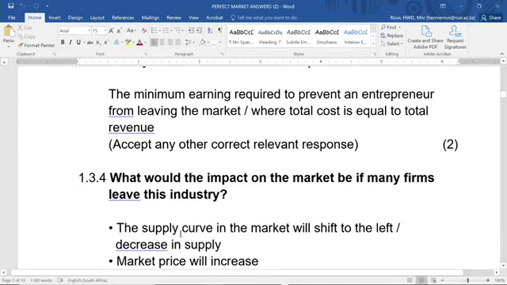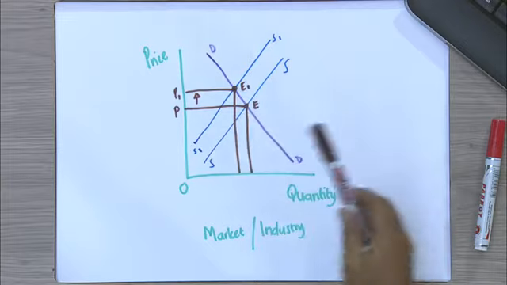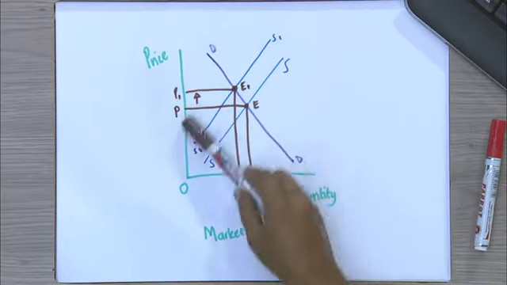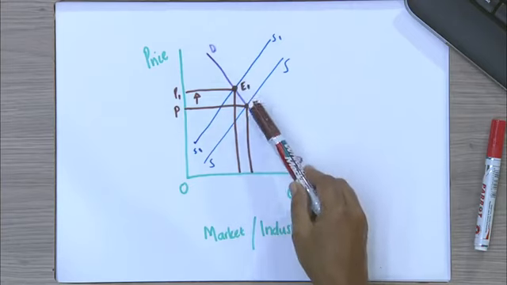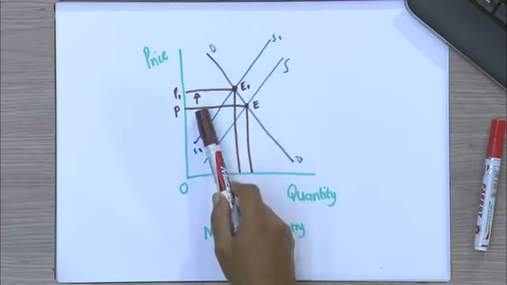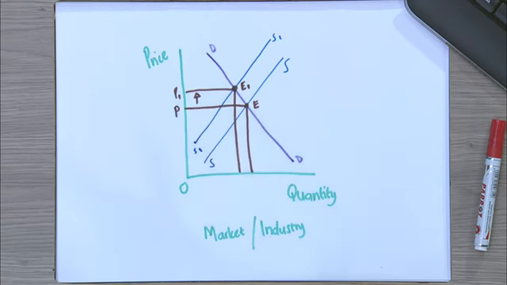There it says the supply curve in the market will shift to the left or decrease in the supply, and then the market price will increase. Okay, so if you didn't understand it in words like that, here it is now in a picture for you, right? The supply decreases, and as a result of that decrease in supply, the price has increased.